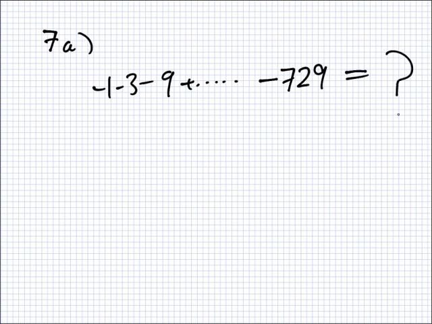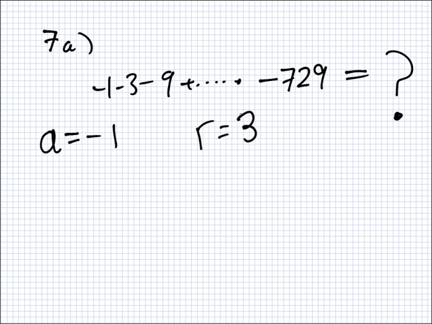7a. I have minus 1, minus 3, minus 9, dot, dot, dot, minus 729. I want to know, what does this equal? Okay. Fafa, what's the A here? Minus 1. Minus 1, okay. And Vicky, what's the r here? 3.